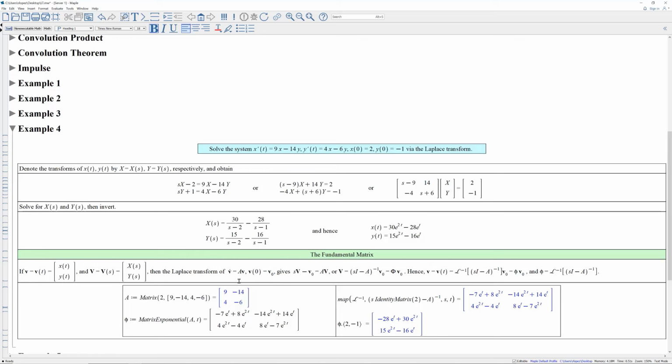If you take the transform, you get sV minus v0, where this is the vector s times the first component, s times the second component, and that equals AV. So solve for V.